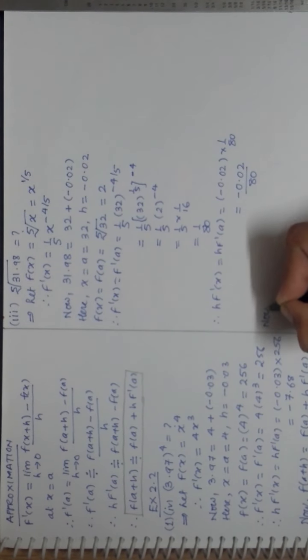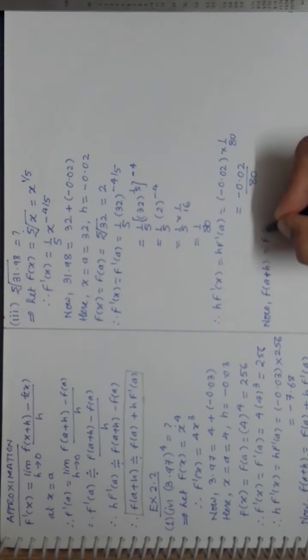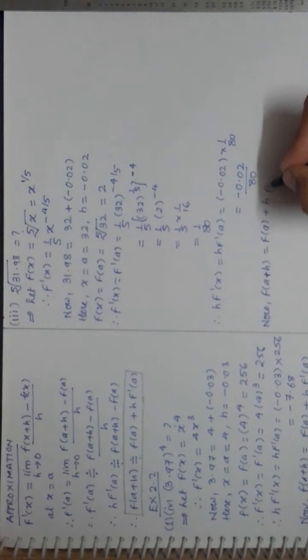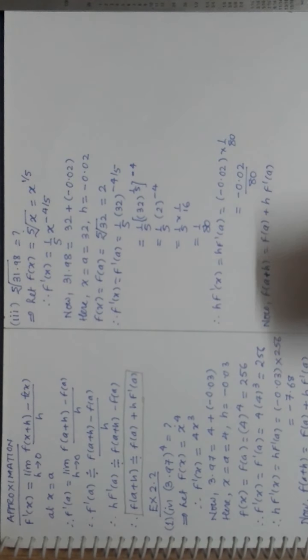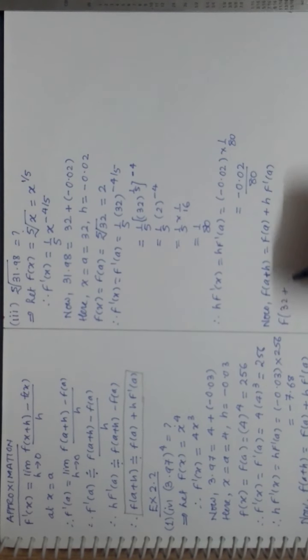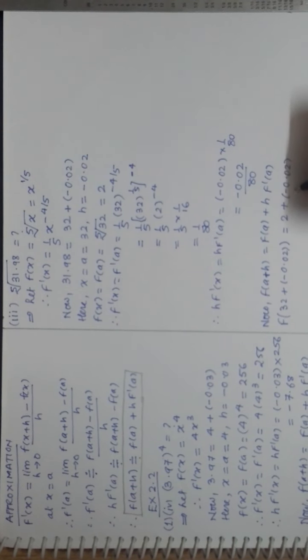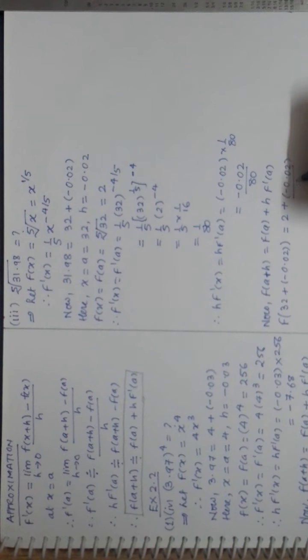So f of a plus h is equal to f of a plus h into the derivative of a. Now f of a plus h is f of 32 minus 0.02, equal to f of a, which is 2, plus h, which is minus 0.02, into f dash a, which is 1 upon 80.